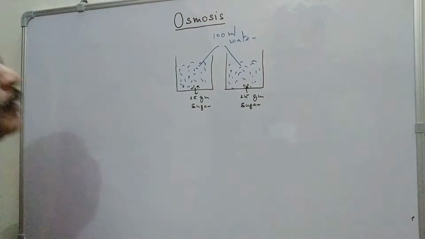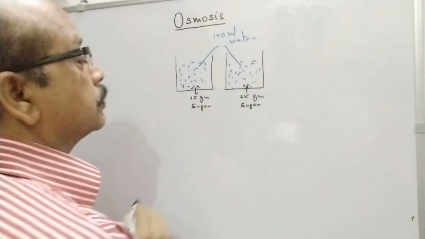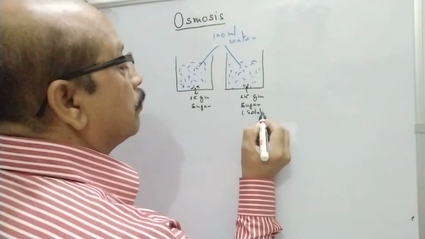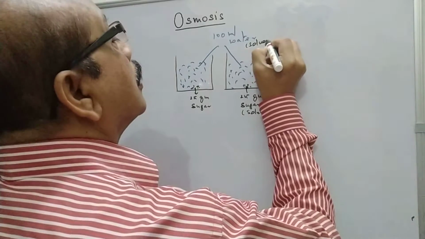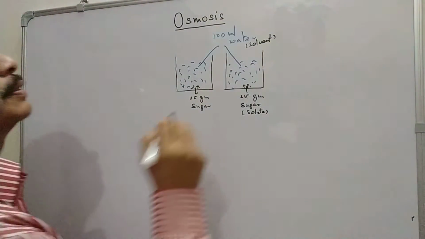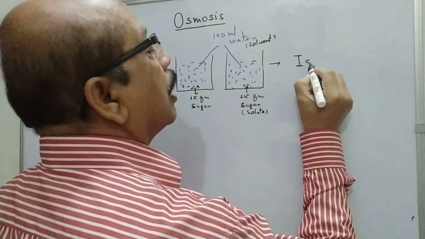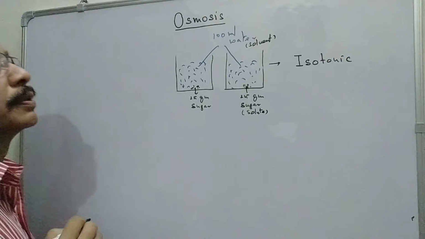So such solutions having the same quantity of solute and the same quantity of solvent are called isotonic solutions.